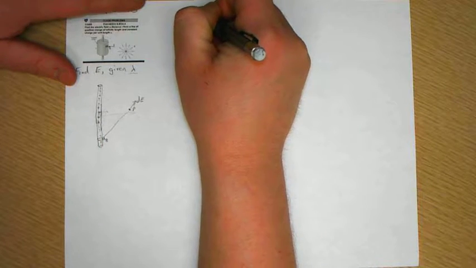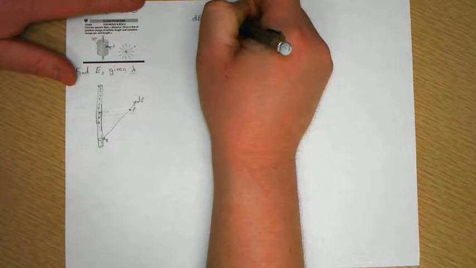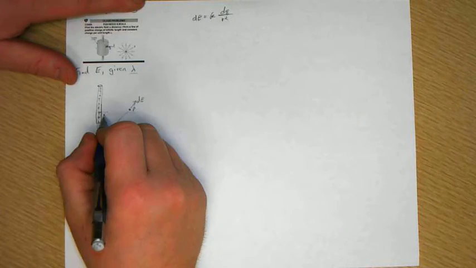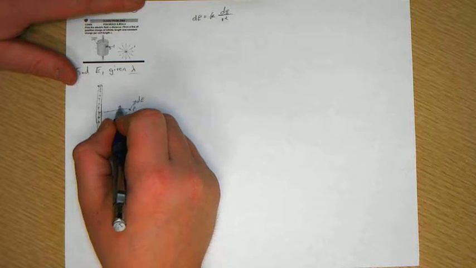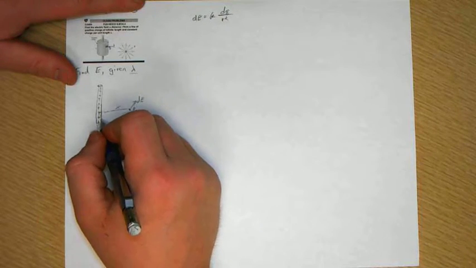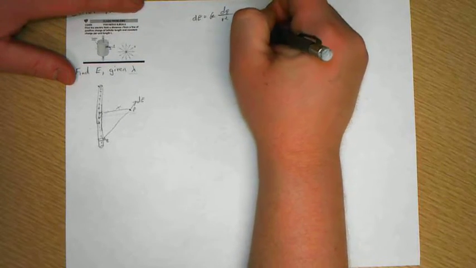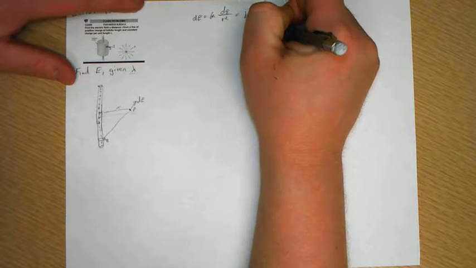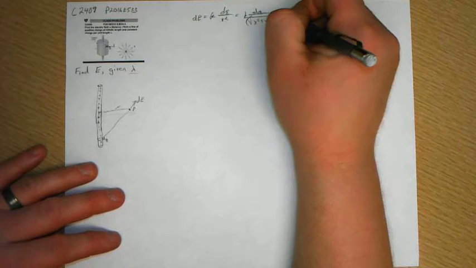So dE is equal to k dq over r squared, which will be the distance we are away from this. So I guess we call that x if you would like, and y down here. So this would be k dq over x squared plus y squared, and that would be itself squared.